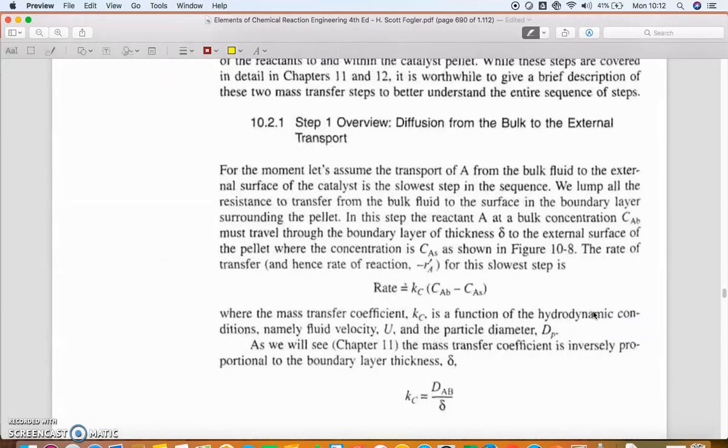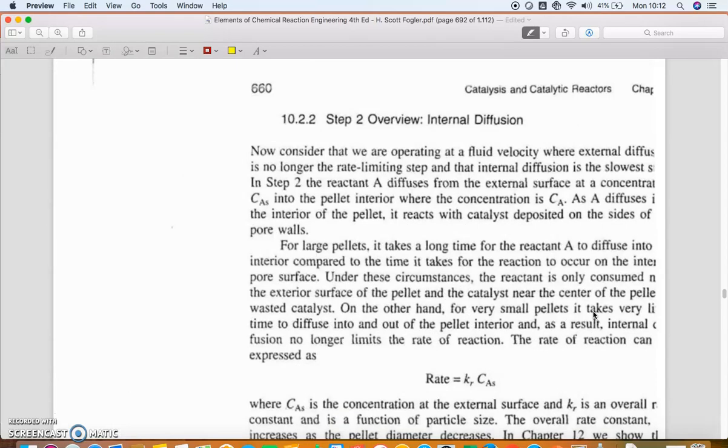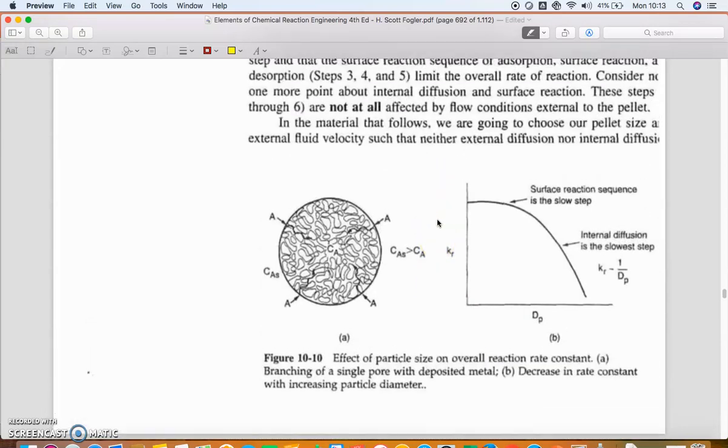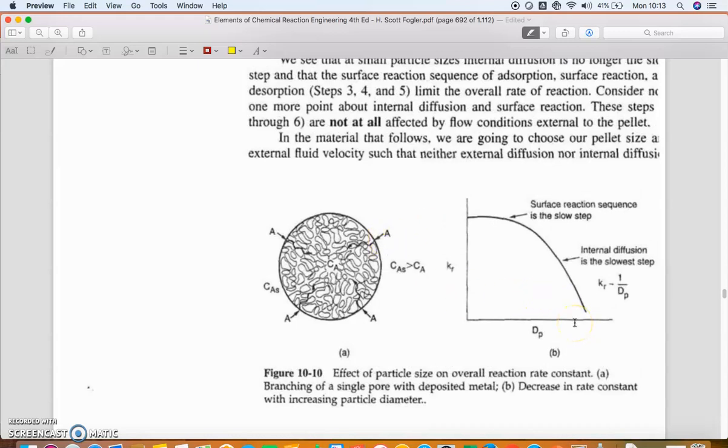So back to the internal diffusion just now: having a smaller catalyst makes the reaction even faster. That's why we assume that in this chapter we use a small size of catalyst, so that we can neglect the effect of internal diffusion or external diffusion.